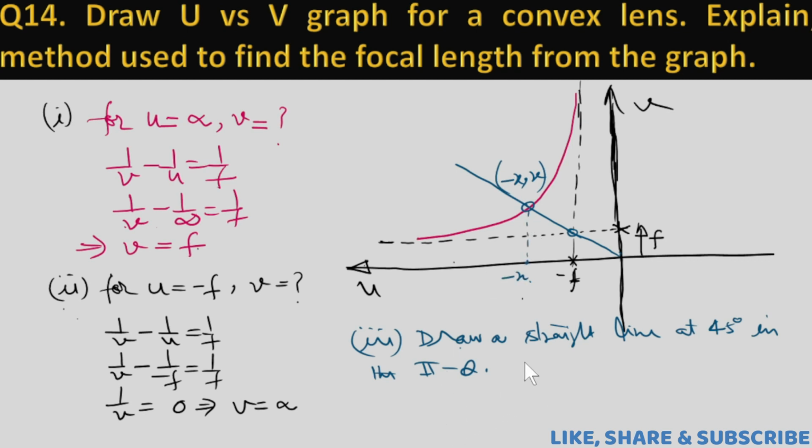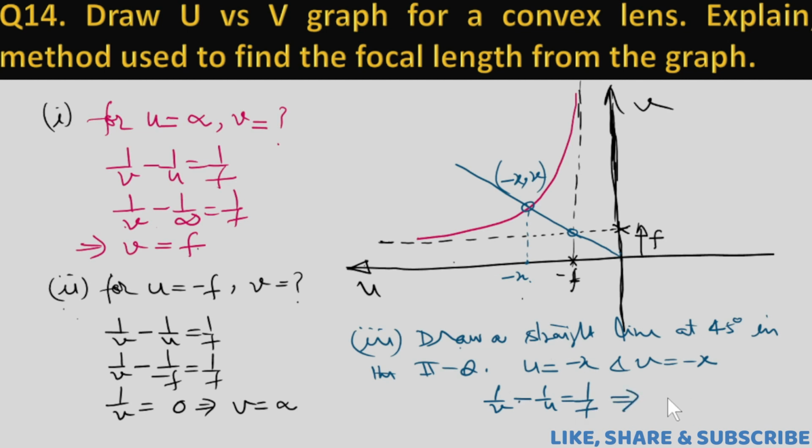Now substitute u is equals to minus x and v is equals to minus x in the lens formula. Then let's see what we get: 1 by v minus 1 by u is equals to 1 by f.